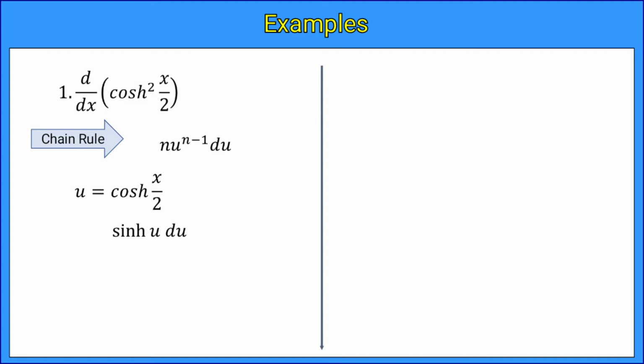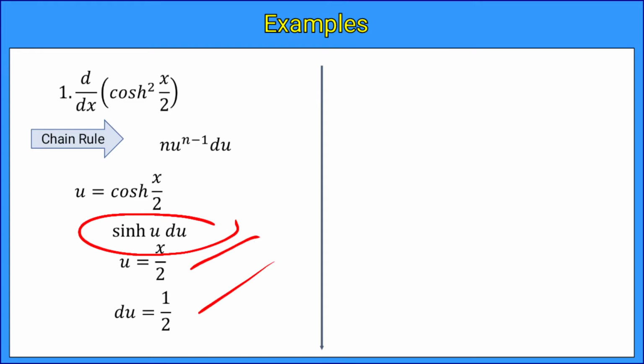This is our rule for this given. And our u here is x over 2, and the derivative of x over 2 is 1/2. Plugging in these values that we already found, we're going to have this kind of equation for our du.